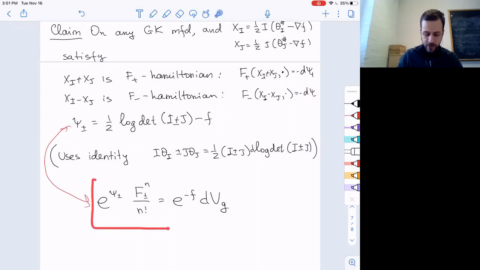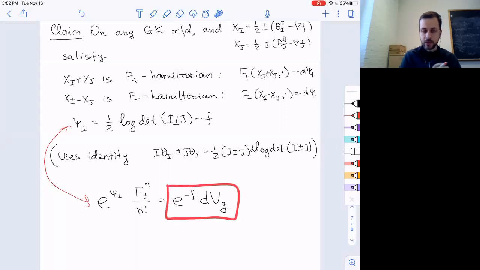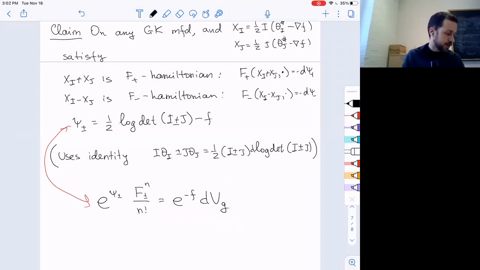But let's look for a second at this identity. What it shows us is that this form is a priori not globally defined, right? Because f is not globally defined and psi is not globally defined. They have singularities along the locus where I plus J becomes degenerate. Nevertheless, this product extends to a globally defined smooth volume form. So it's a remarkable fact which will be important later.